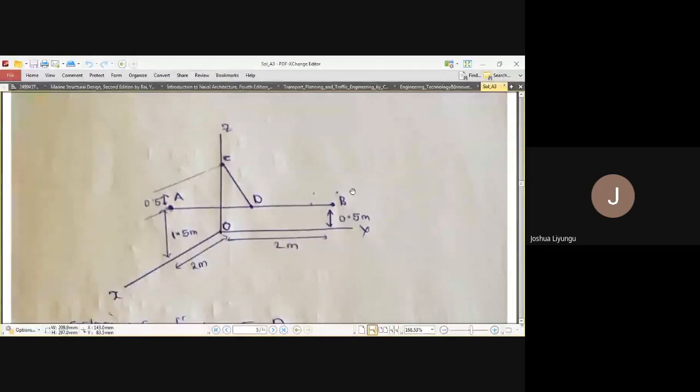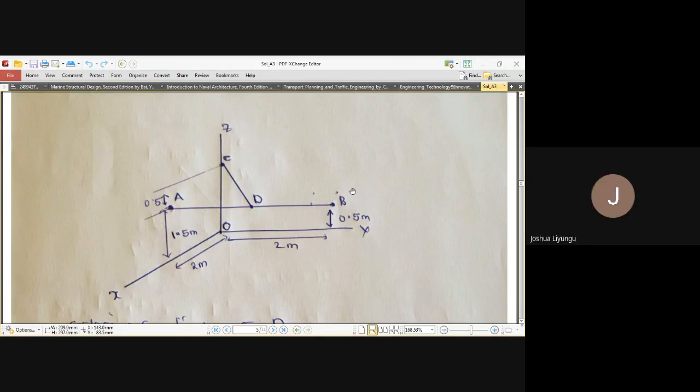So what are the coordinates of C? 0, 0, 2. Someone is saying 0, 0, 2. Correct.